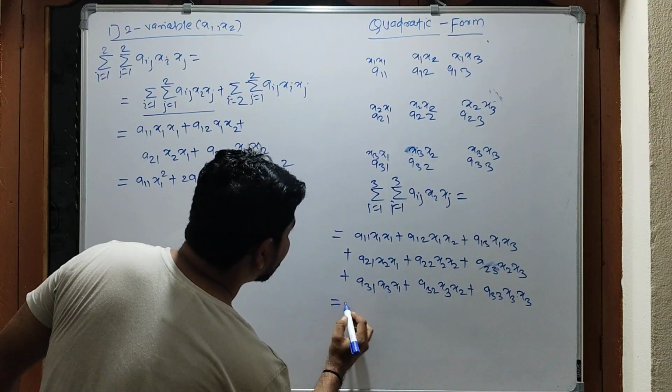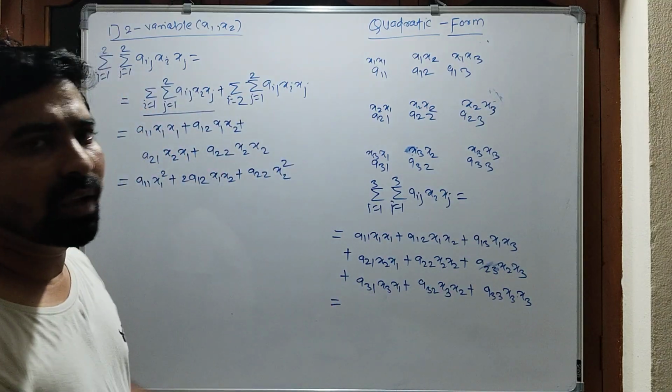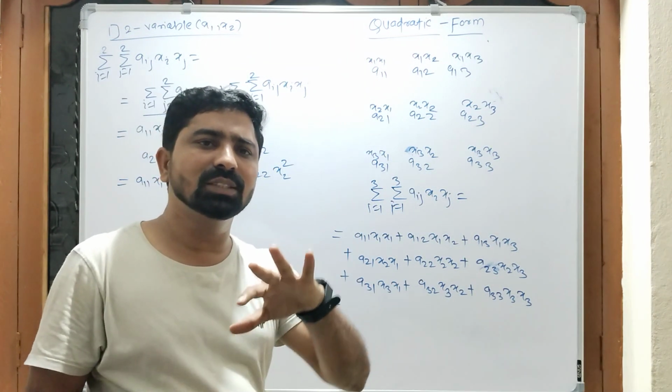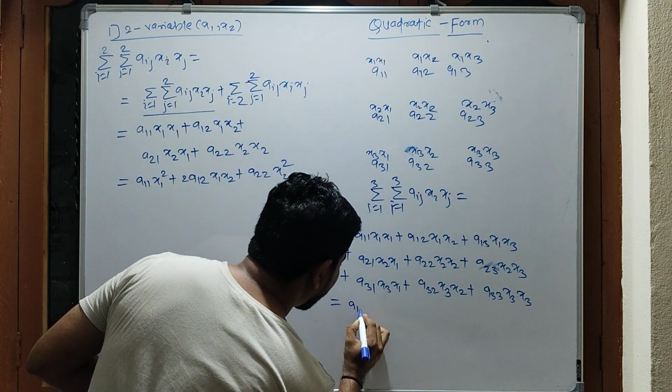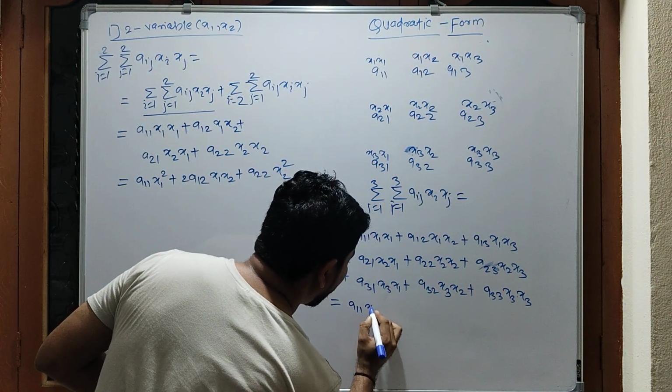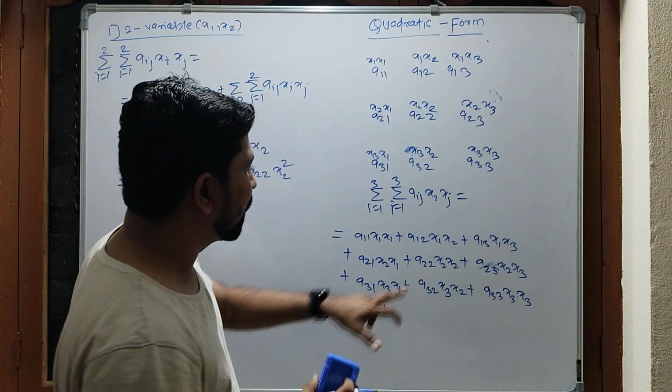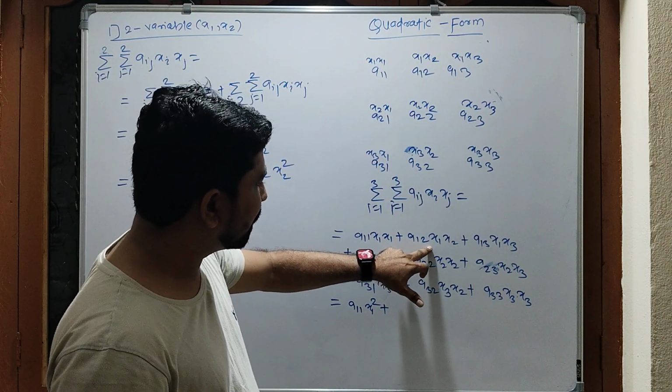Since in the quadratic form a_ij is the same as a_ji, I will write a11 as it is, x1 square, plus a12 is the same as a21.